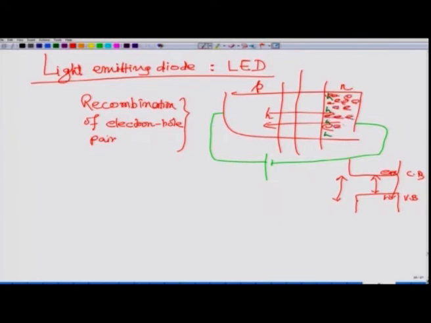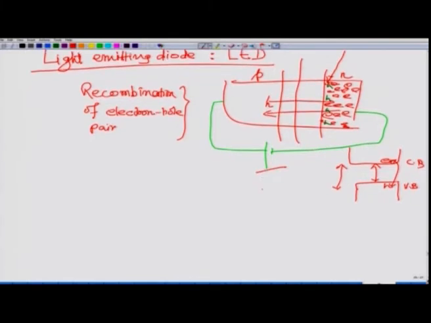This is the doped N side, so you have a lot of them. The minority carriers injected here because of forward bias will have enough probability to combine with these electrons, because there are so many electrons, and create recombination and photons, and light will be emitted.